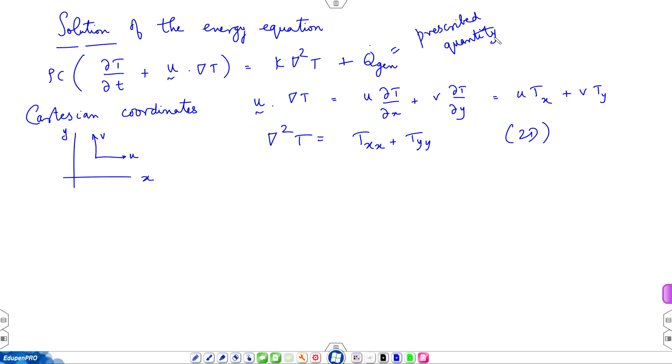Okay. So, now this is a second order partial differential equation. So, you will require initial and boundary conditions.